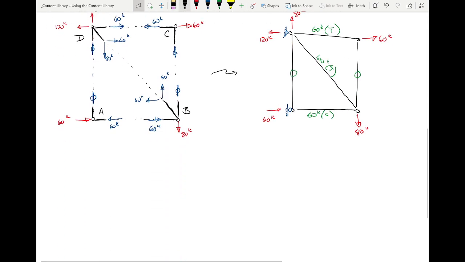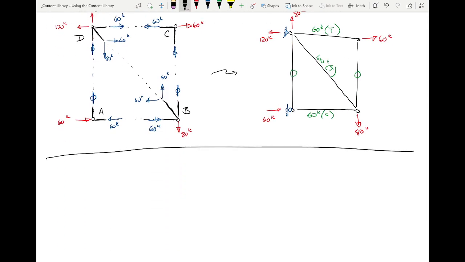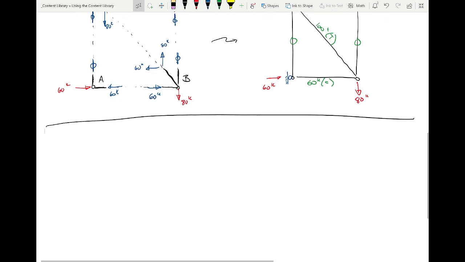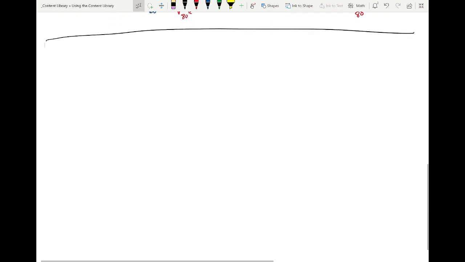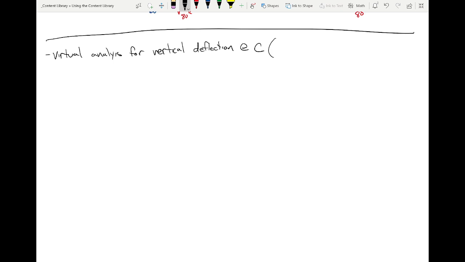So now we're going to do this truss analysis all over again. And I'm going to need your help on some bookkeeping here later on. Virtual analysis for vertical deflection at C. And these are going to be little f values.